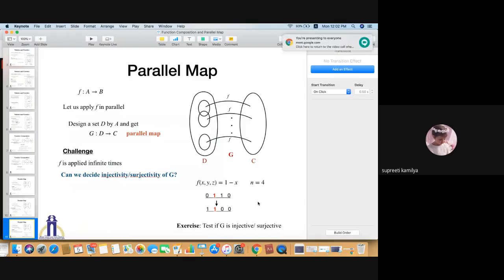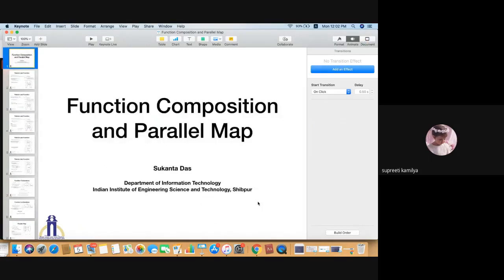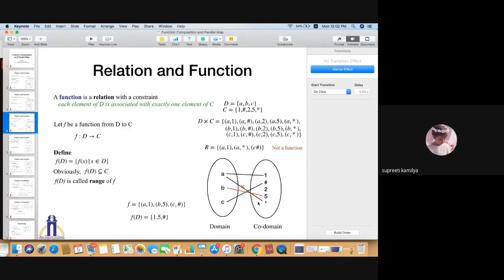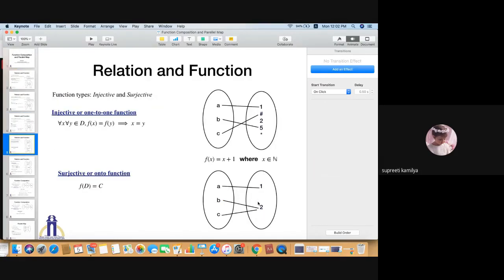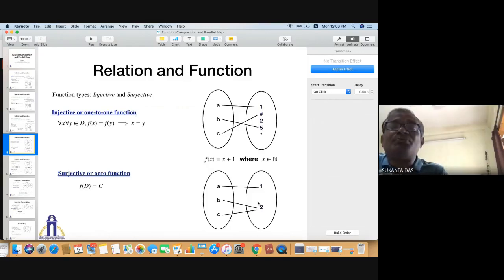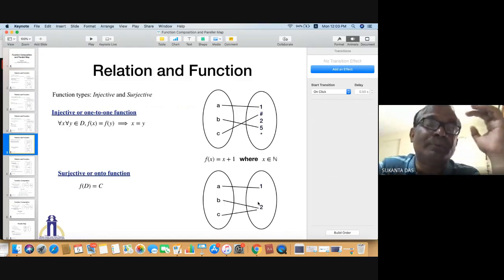The function and mapping are the same in literature, but you said in set theory they are not equivalent. Which one came earlier? The term mapping is used in set theory; in set theory we use the term mapping generally.